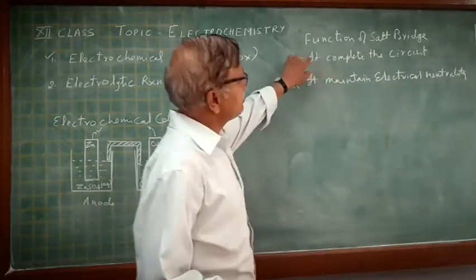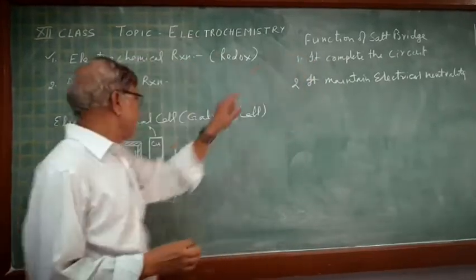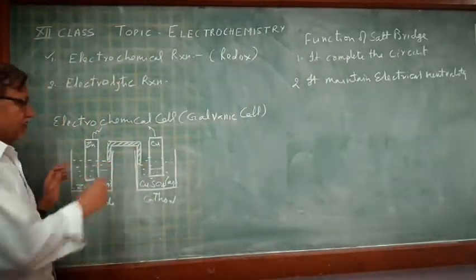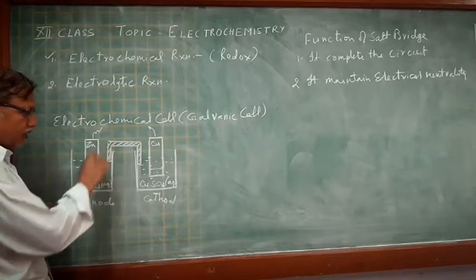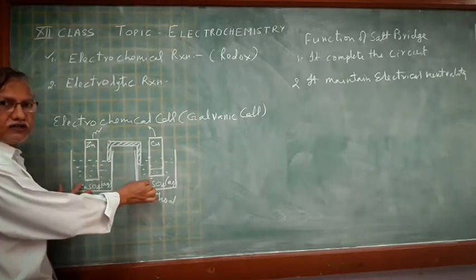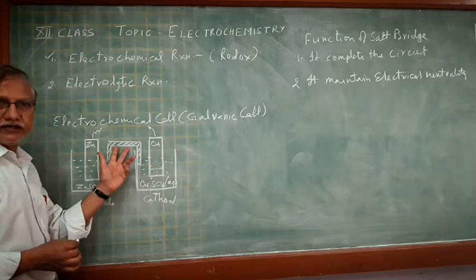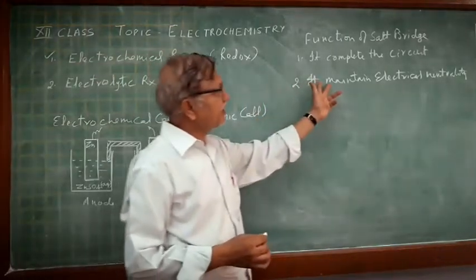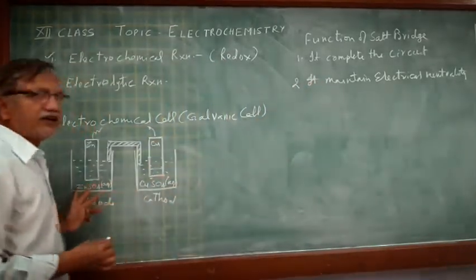So the first one is it completes the circuit. Now you see in this diagram, with the help of this salt bridge, the anode and cathode both are connected, so it completes the circuit. Second, it maintains electrical neutrality. What is the meaning of electrical neutrality?